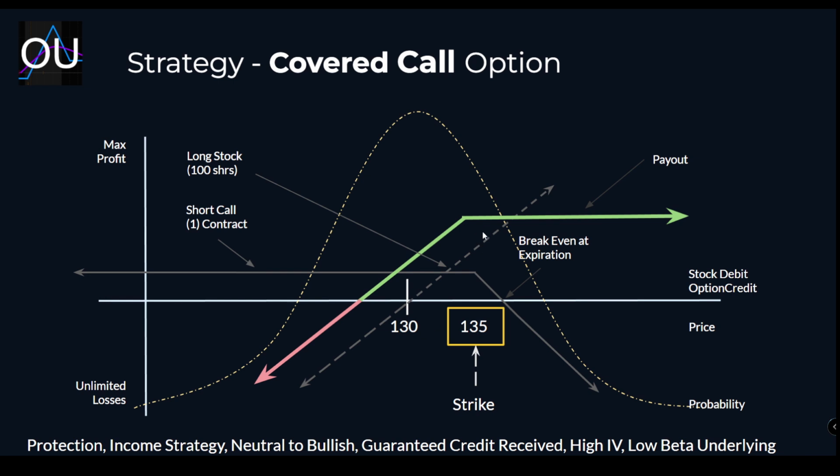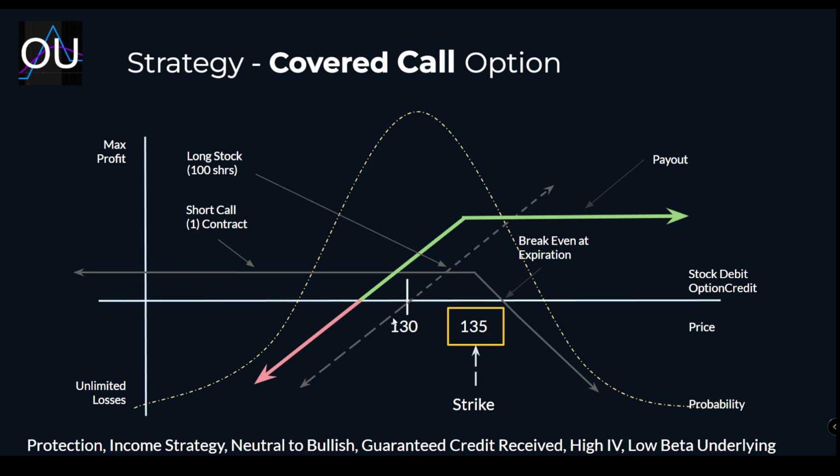The difference between this dotted line and this graph is the premium that you collected on your call. So if you had 100 shares of XYZ Corp at 130, and you sold a covered call at 135, let's say, and collected $3, you're immediately going to make $3.